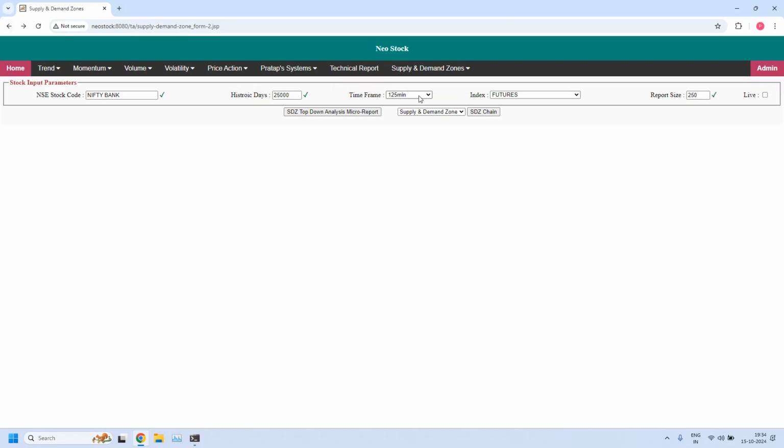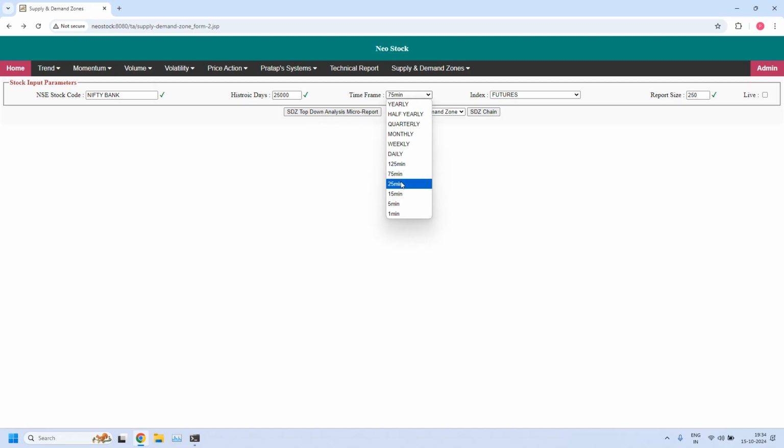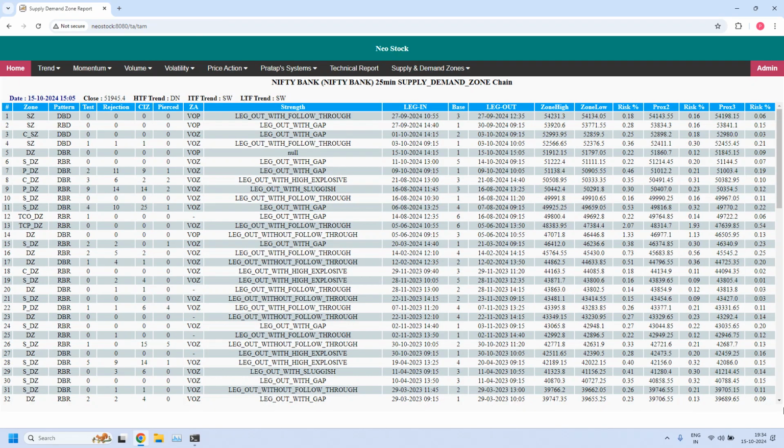Next time frame is 75 minutes, and this is 75 minute supply demand zone chain for Bank Nifty. Okay, next time frame is 25 minutes, generating 25 minute supply demand zone chain for Bank Nifty.